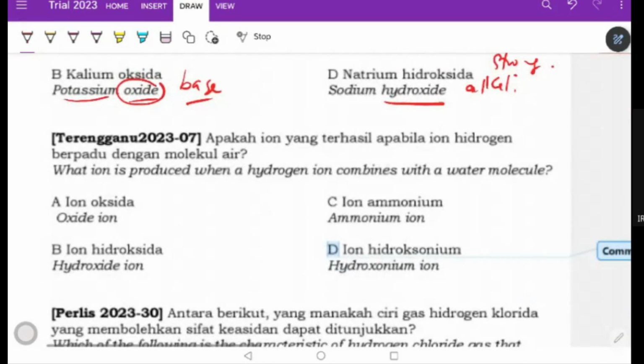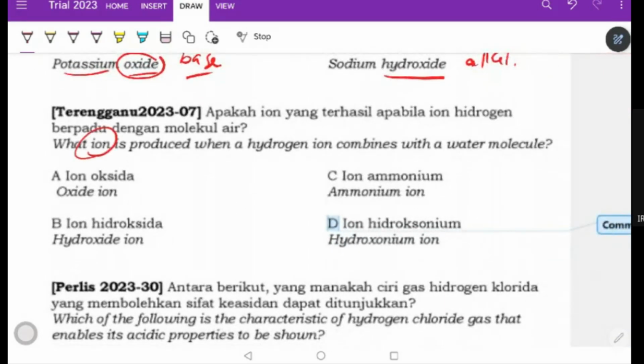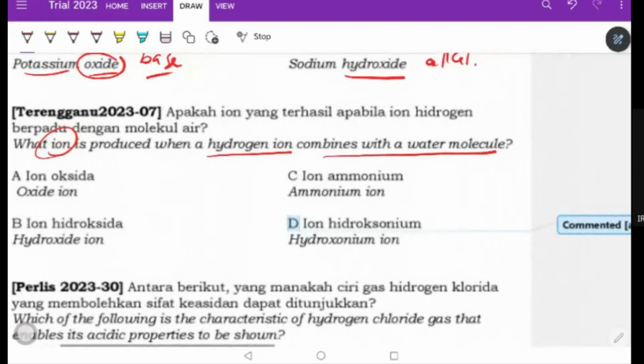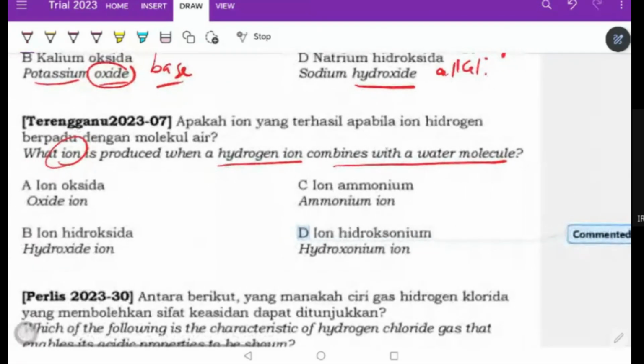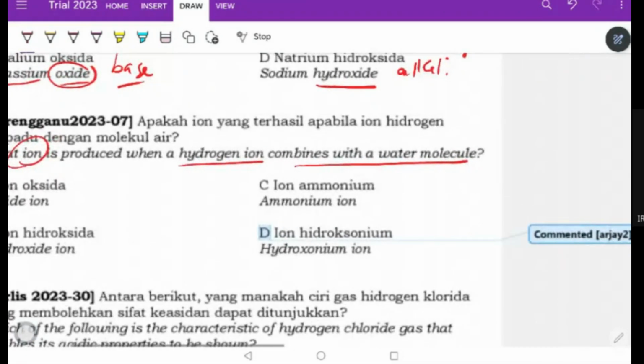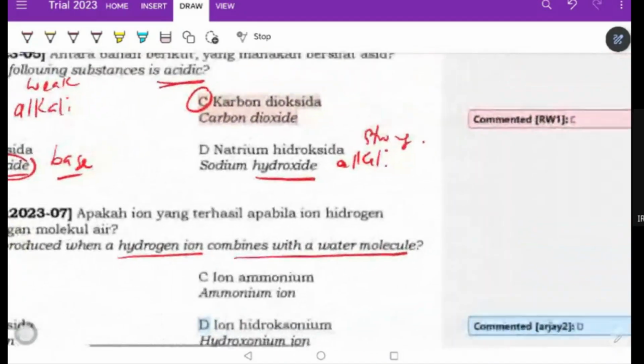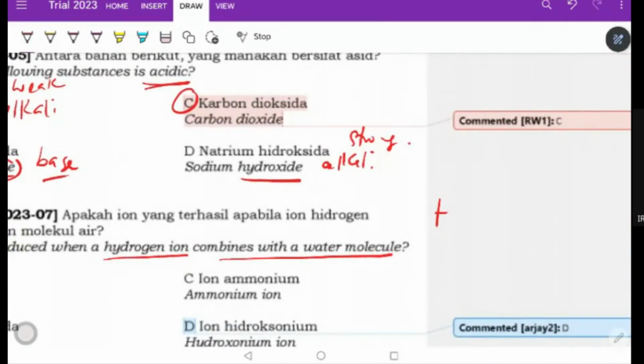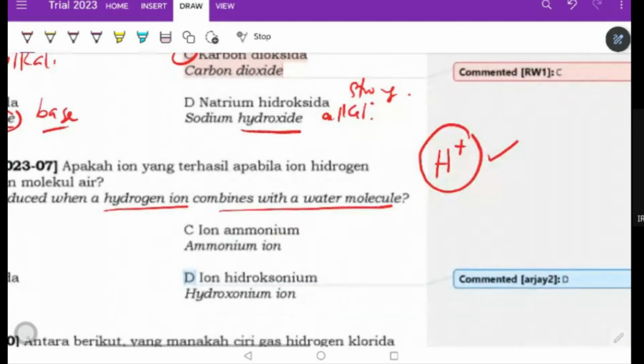Okay. Next, which ion is produced when hydrogen ions combine with water? Who still remembers? Normally in acid, we just say it's hydrogen ions, right? Okay, that is the simplified form. But actually, what is that? Hydroxide?